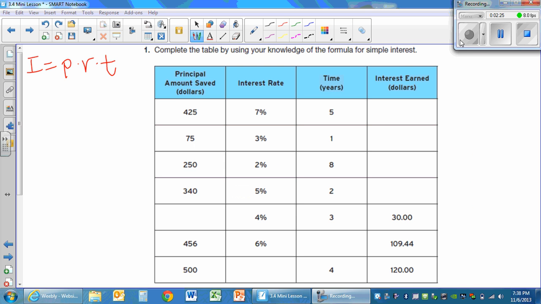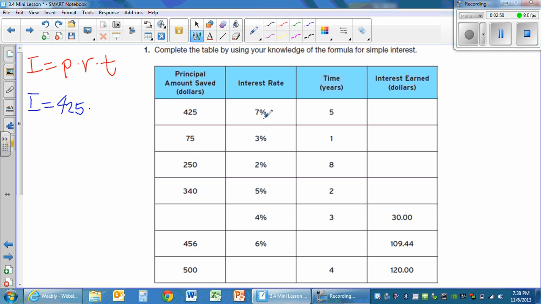Now we're going to try using the formula to find the amount of interest earned. All we have to do is plug in the numbers for the variables. If we're looking for the amount of interest, that's going to stay as an I. P again is the principal, or the initial amount, which is $425. Multiply that by the R, or the rate.